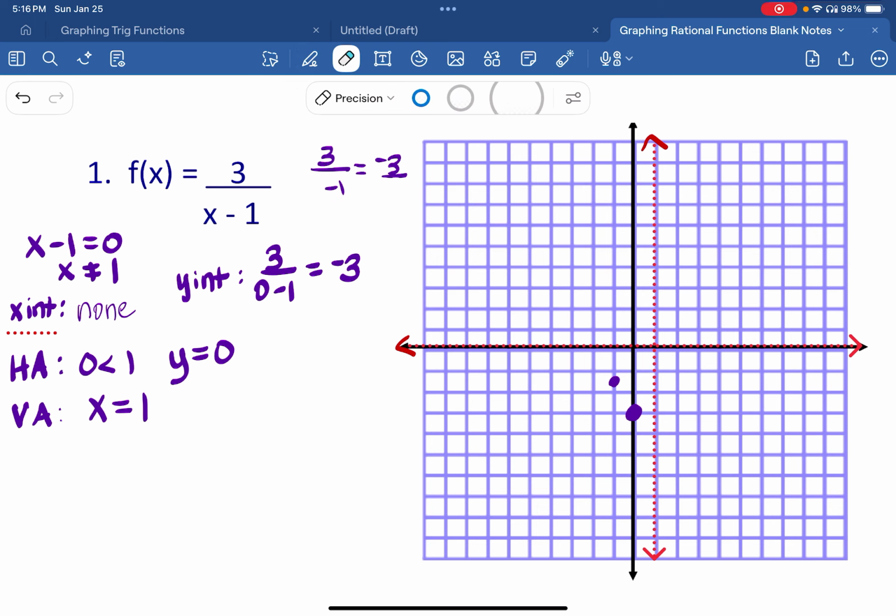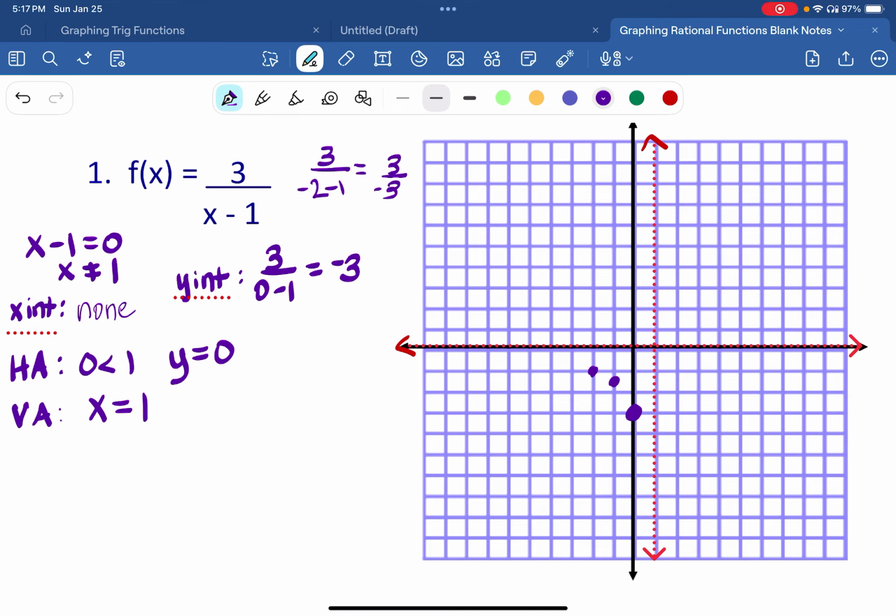So right here, I'm going to plug in -2 now. 3 over -2 minus 1 is going to be 3 over -3, which is going to give us -1. So if I go to -2, I'll go down to -1 and be right there. So you can see that shape that's taken place.